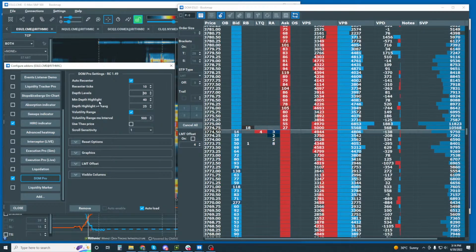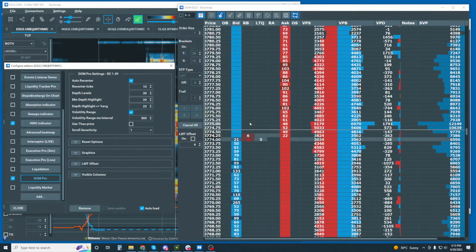The minimum depth highlight here. Well, actually, once you take over on this one, Daniel. What that does is it highlights a percentage of the dome. So basically, it aggregates all the buy-sell orders that are resting, and it looks for a percentage.